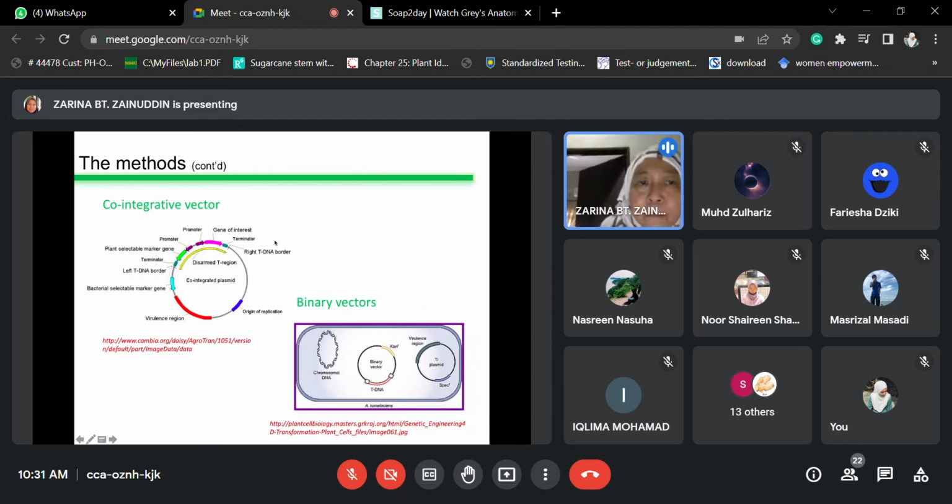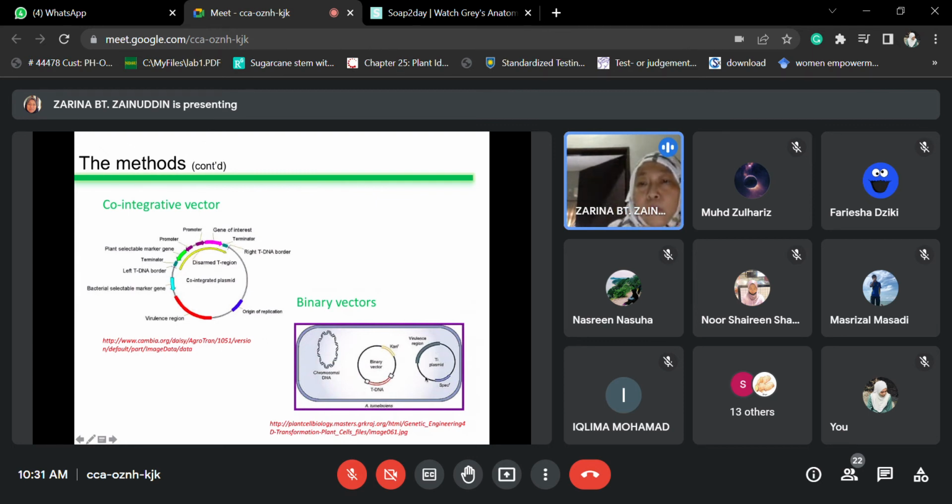So the difference between co-integrative vector and binary vector, as you can see, in co-integrative vector, the tDNA region here is located on the same plasmid with virulent regions. This is co-integrative vector. Okay, so nowadays we hardly use co-integrative vector. Kita sekarang guna binary vectors.